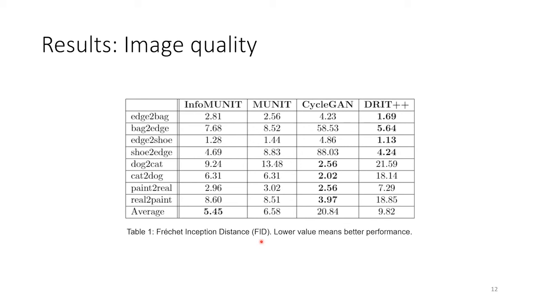And in each line, we can see that the performance of our method is close to the best methods. So if we take a look at the average value, our method actually has the best performance.